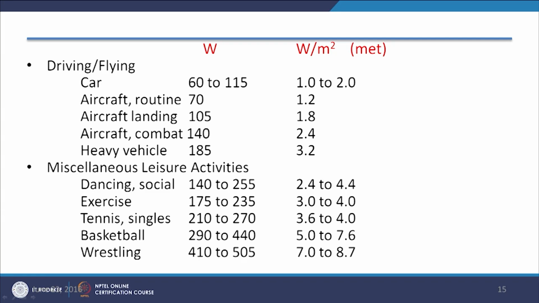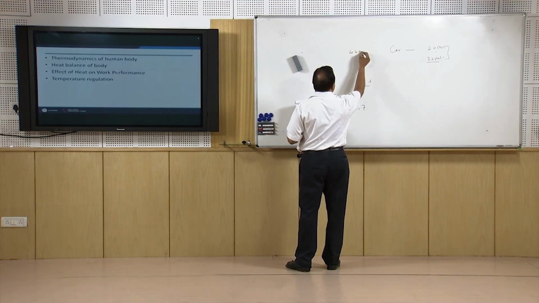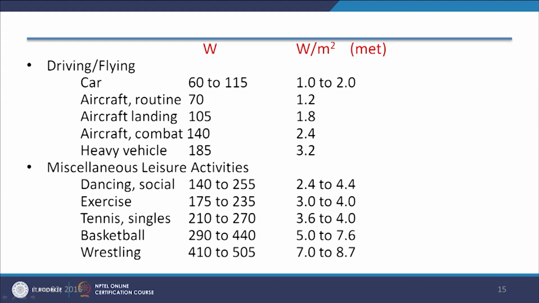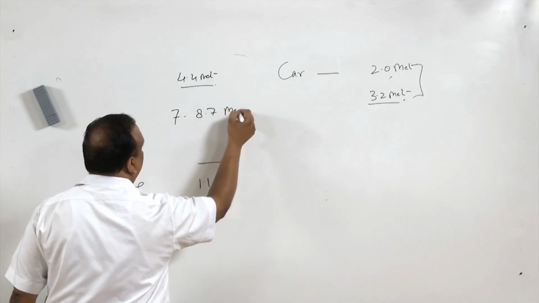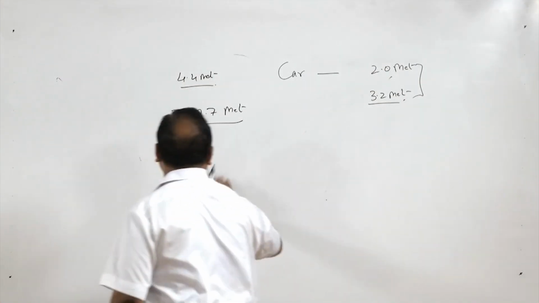Even social dancing may be 4.4 met. Wrestling is 7 to 8.7 met. So wrestling is the most energy consuming activity.